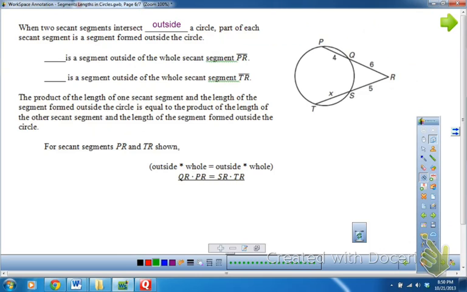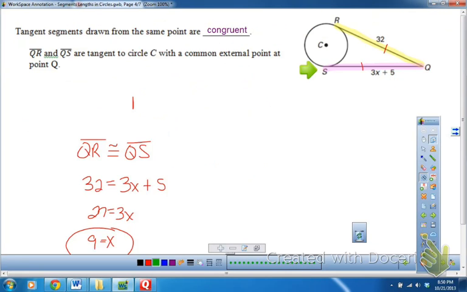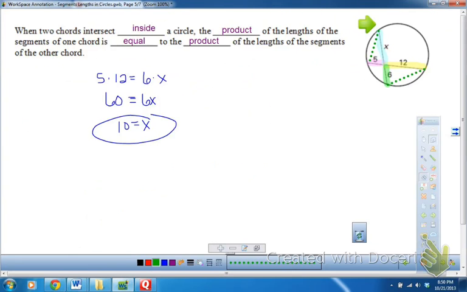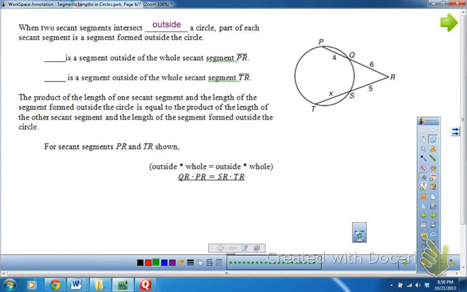We saw back here when you had two tangents that intersect outside of a circle, they are simply equal to each other. And then in this one we saw that when you had two chords meeting inside, you can multiply the two parts of one chord and set that equal to the multiplication of the two parts of the other chord. Now what happens when they meet outside is a little bit different.